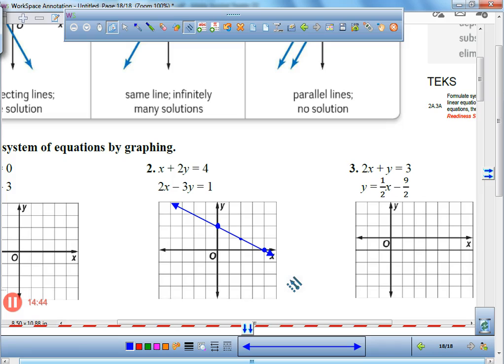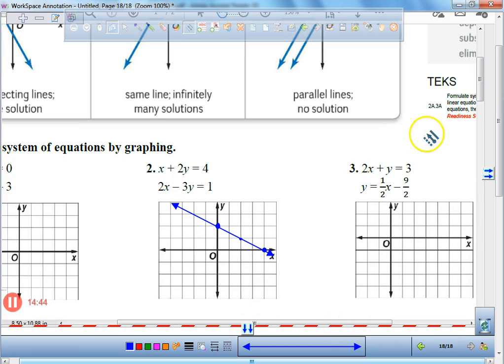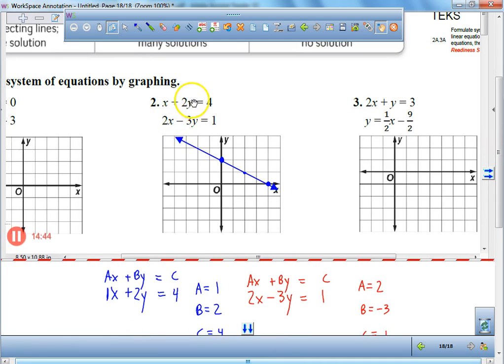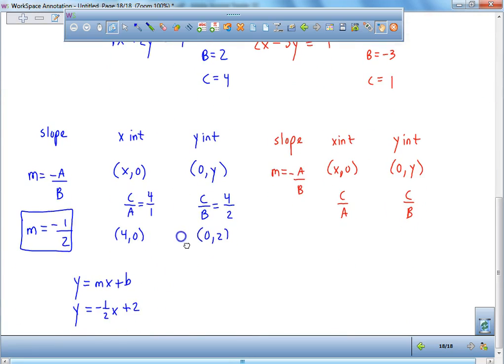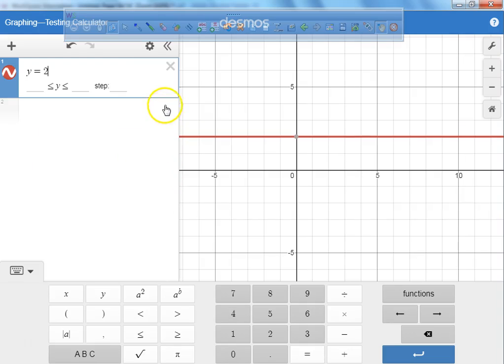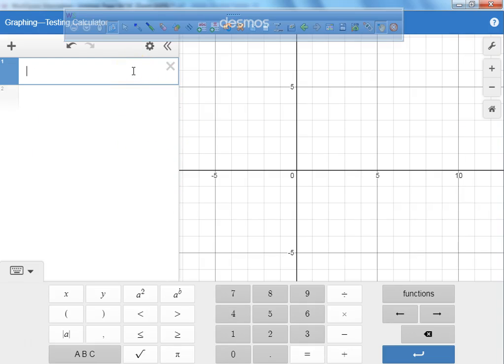While you guys are doing that, I'm going to show you in Desmos that what I just did was true. You see where it says x plus 2y equals 4? There's my slope-intercept, okay? So x plus 2y equals 4. I'm going to write it down right here: x plus 2y equals 4.